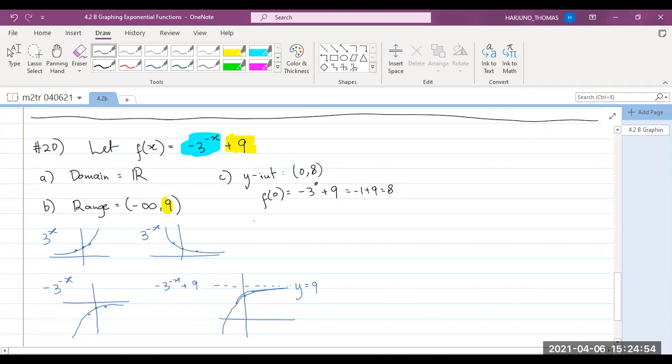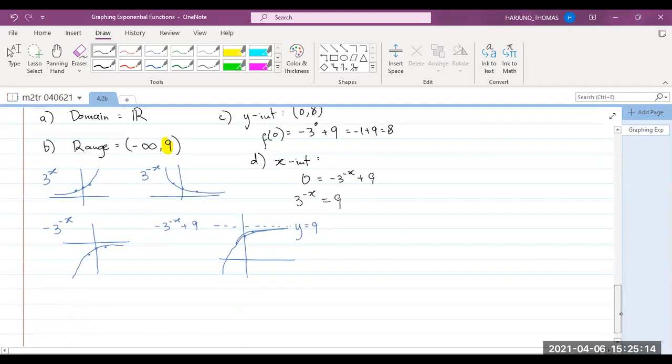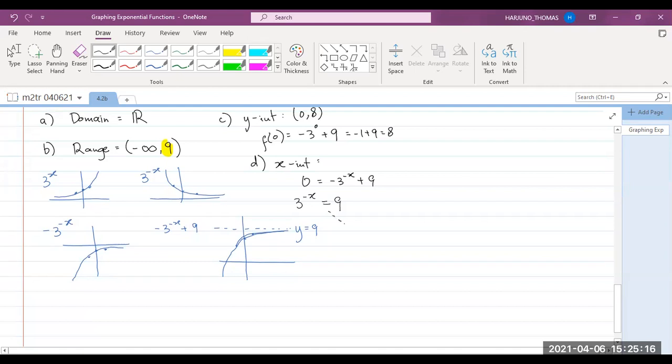How about the x-intercept? You set y equal to 0. Let me move the negative 3 to the negative x over, so it becomes 3 to the negative x equals 9.